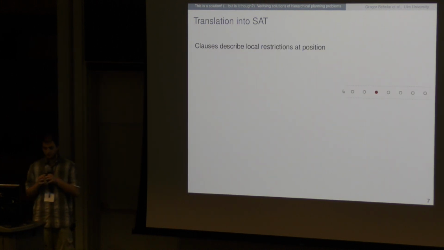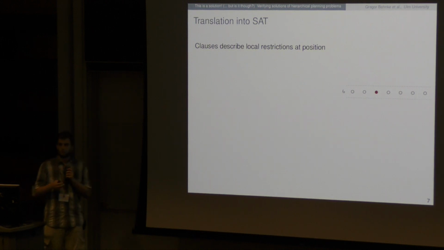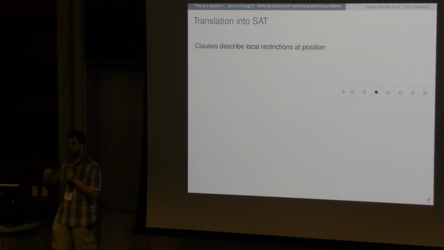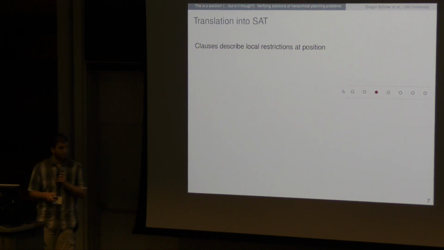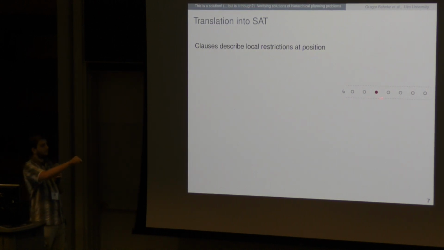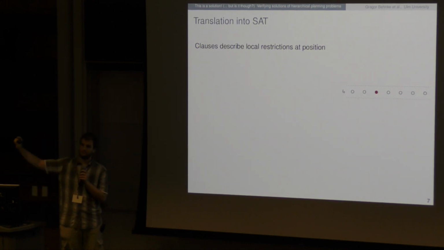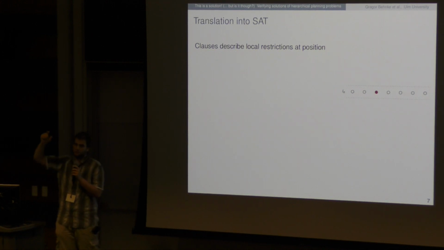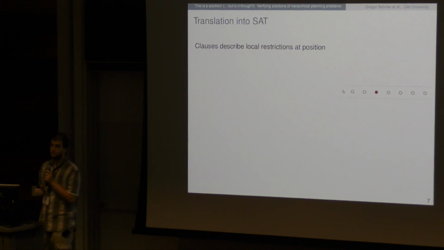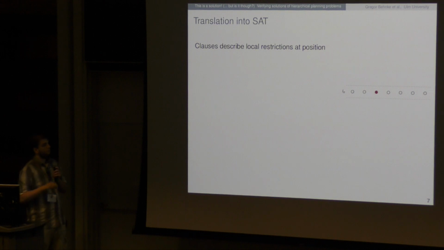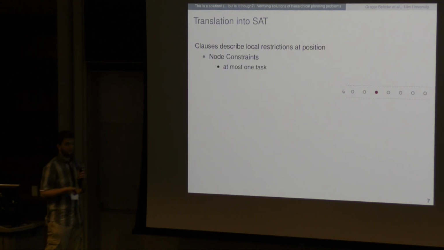The nice thing about that is that all the constraints we have to write down are actually local. So there are no real global constraints on this tree. What we are looking at is one possible node. In a layer, if I have 5 positions, there are up to 5 nodes in that layer. We're looking just at one of them. What constraints does it have to fulfill?